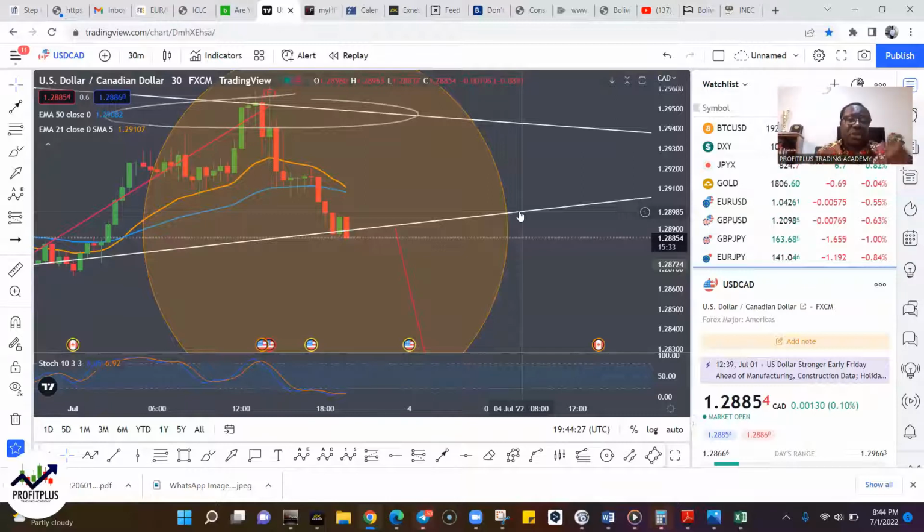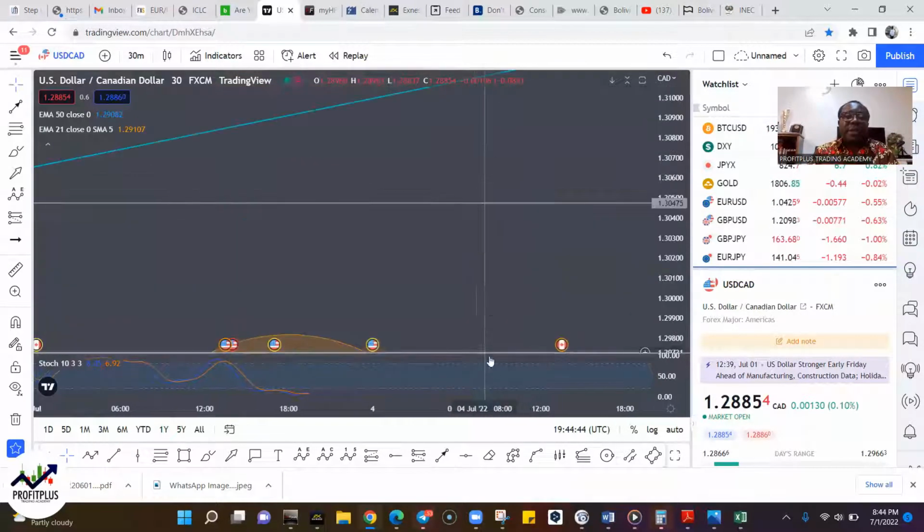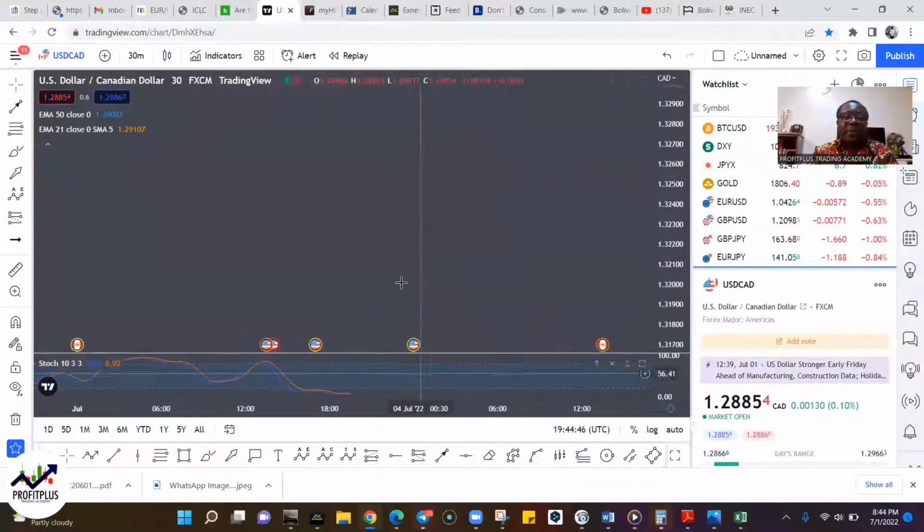So the third touch is what we're expecting in the bullish run. Even though in the short term price is bearish, the overall direction for USD CAD is bullish.